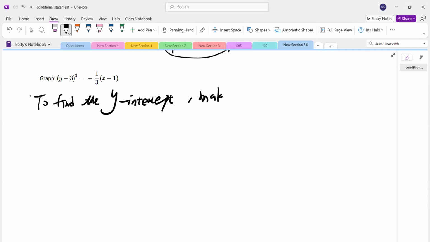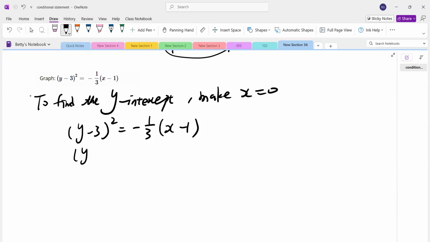Make x be 0. So we're going to plug in x equals 0. The equation is y minus 3 to the power of 2 equals negative 1 over 3 times x minus 1. This time we're plugging in x equals 0. 0 minus 1 is just negative 1, right?